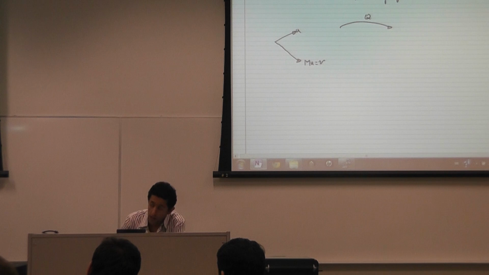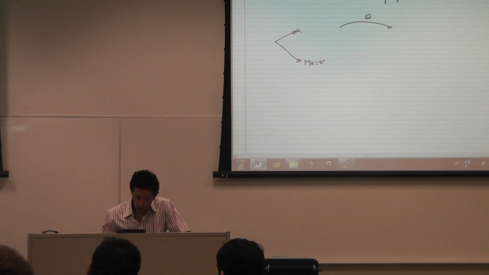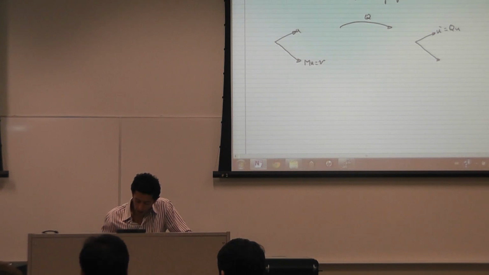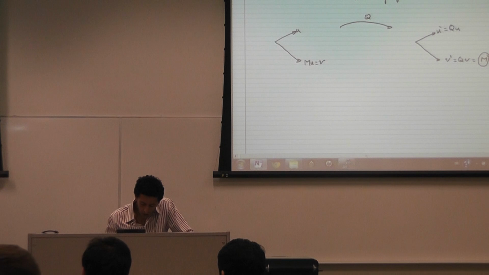Q translates between the two languages. This is u prime is equal to Qu. v prime is equal to Qv. It's also equal to M prime u prime. I would like to know how M prime relates to M.